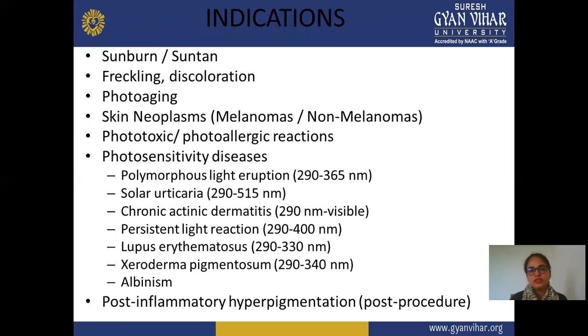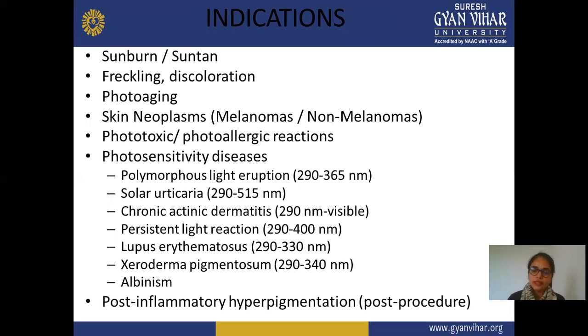Next is indications. What are the indications or problems you suffer after sunburn, or when UVA and UVB affect your skin? In this condition, sunburn or suntan are the most common. First is sunburn and suntan. Next is freckling and discoloration of skin, where you get freckles or the color of your skin changes.